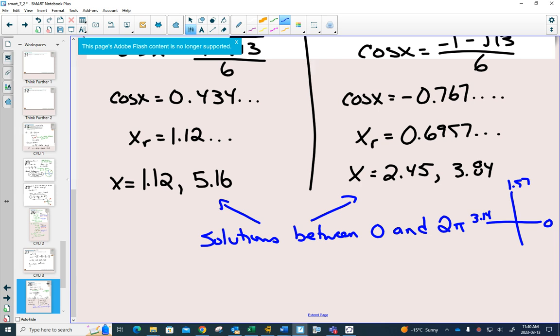So 2.45 would be in quadrant 2. We have to be careful when we're figuring out our reference angle. It's very easy to do cos inverse with the negative and get the wrong reference angle.